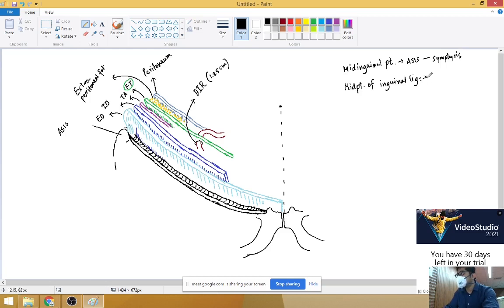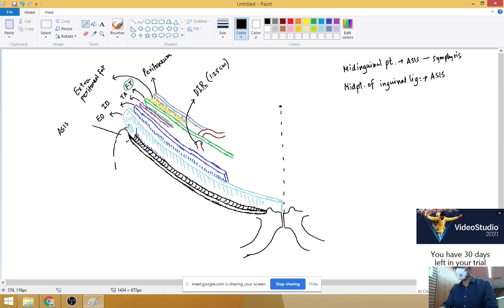Now midpoint of the inguinal ligament will be from anterior superior iliac spine, since the inguinal ligament starts from the anterior superior iliac spine to the pubic tubercle. So this will be a little short. Inguinal ligament is short as compared to the whole of the inguinal region. Okay. So the midpoint is between them, from ASIS to the pubic tubercle, middle in between them.